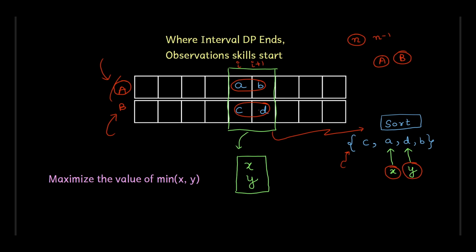So given this A, B, C, D, the idea is simple. You sort all these values and then you remove the minima and the maxima and you place this second smallest on top and the third smallest at the bottom.